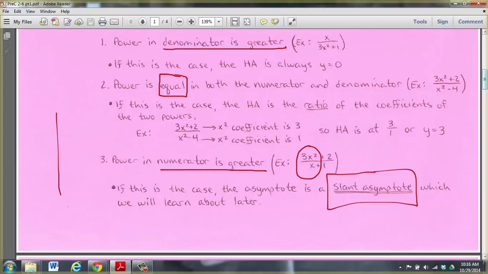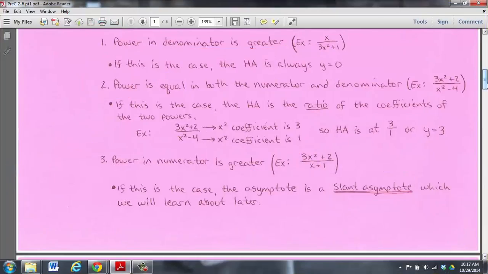So instead of a horizontal line, maybe it looks like this, and your graph looks like this. That's something that we need to cover in another video. For right now, we're just dealing with scenarios 1 and 2, whether the denominator is greater or they're both equal to each other.